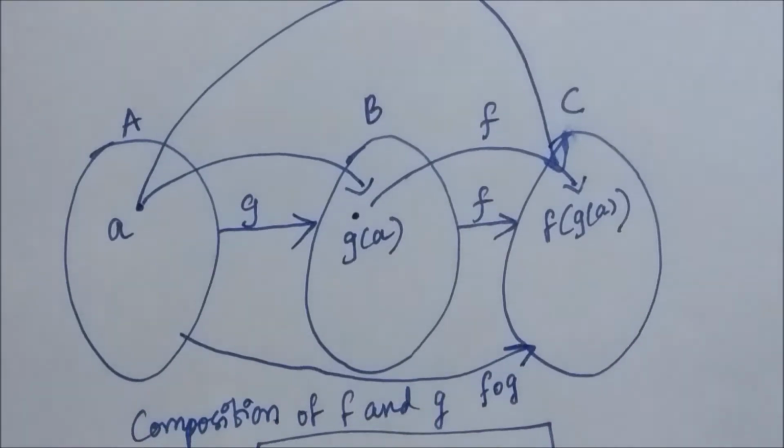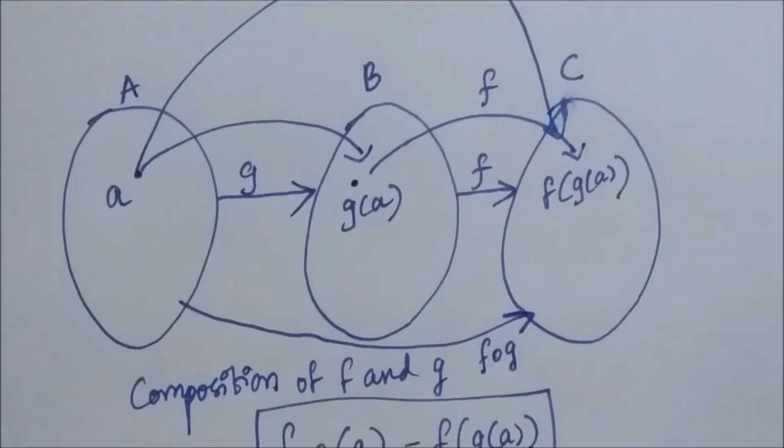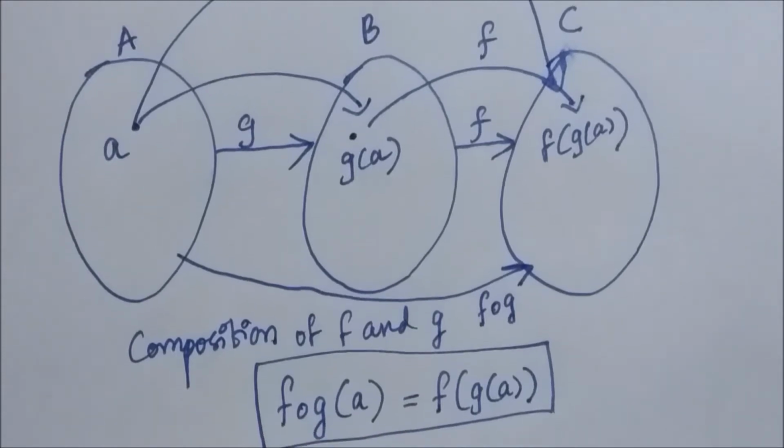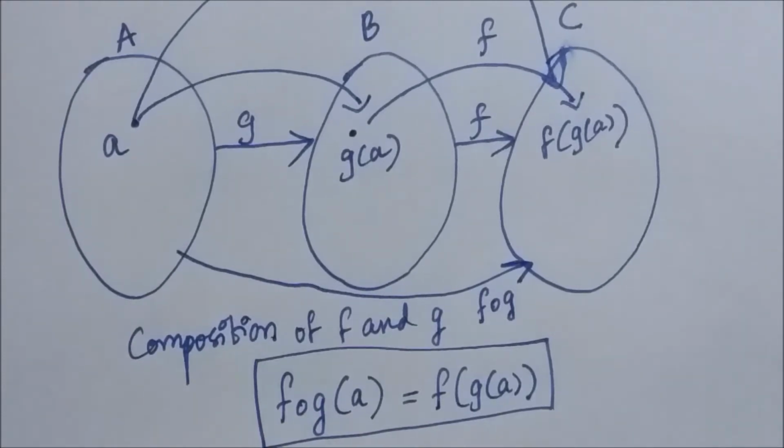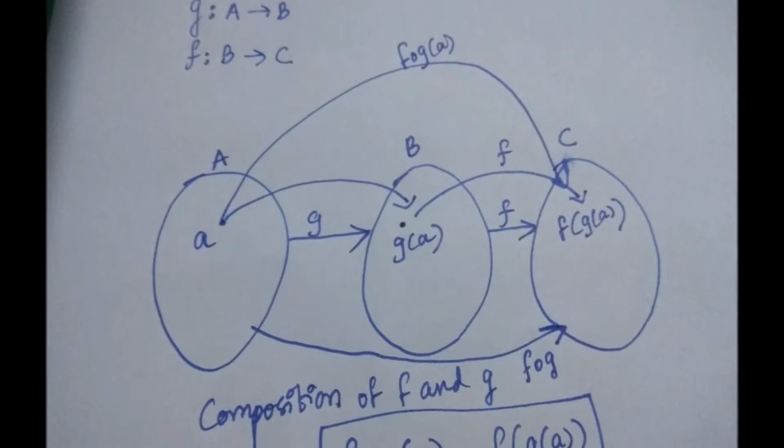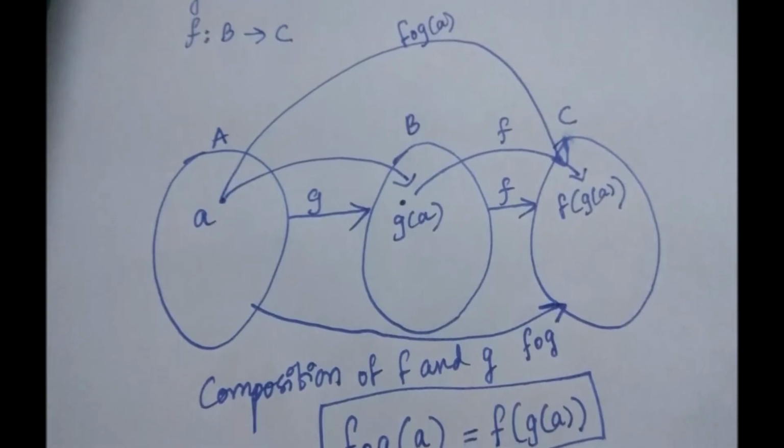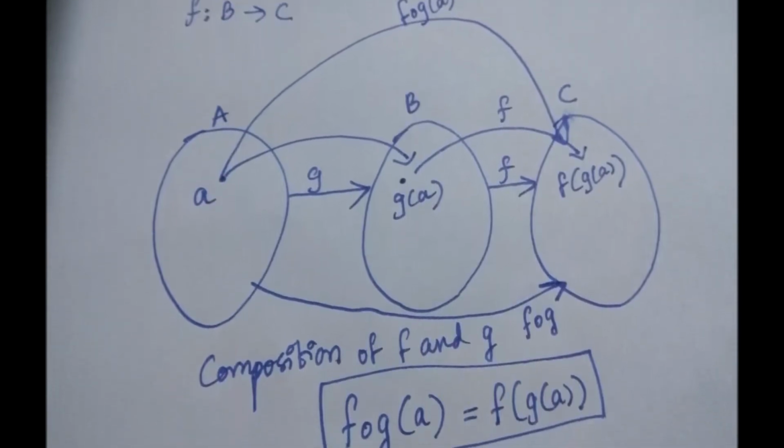To find F composition G of a, we first apply the function G to a to obtain G of a, and then we apply the function F to the result G of a to obtain F composition G of a, which is equal to F of G of a.